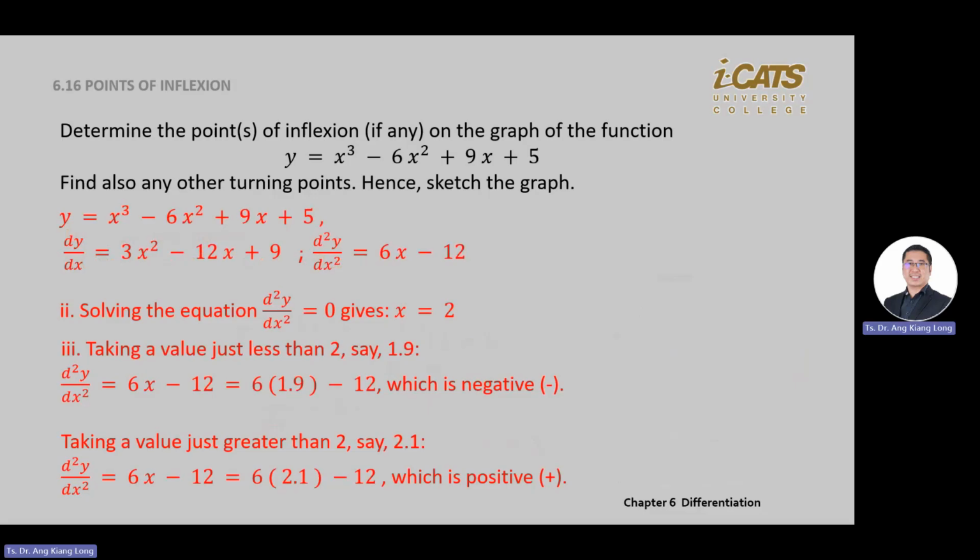Once you find that, you know there's a value for your double differentiation. On the left, if your x equals 1.9, you substitute inside there, you get a negative sign. And on the right, 2.1, you get positive.